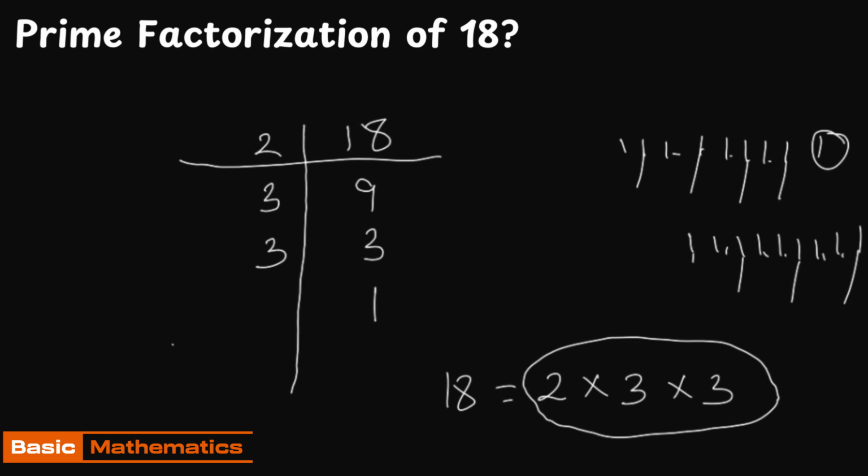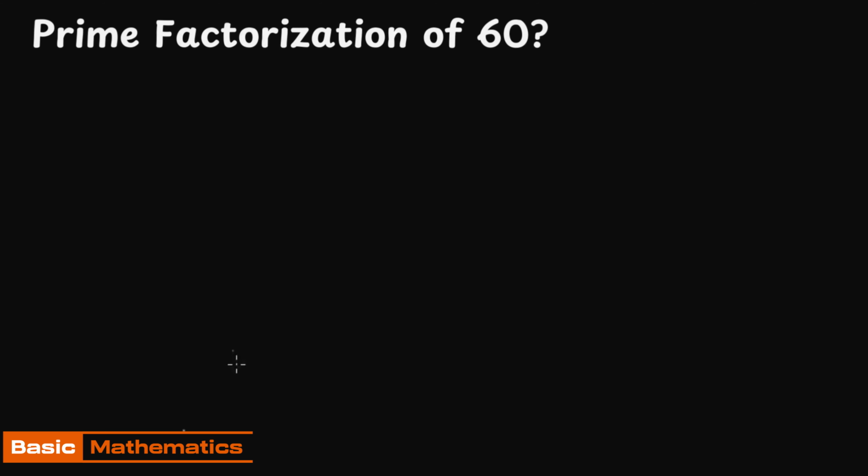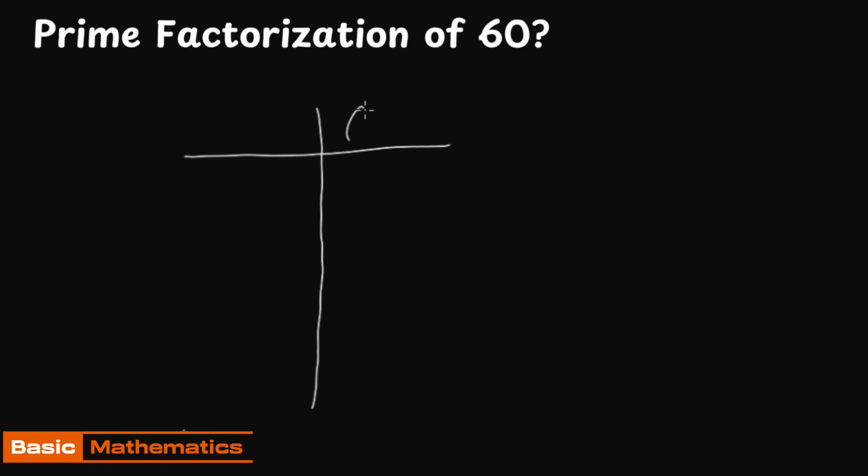All right, let's find the prime factorization for 60. Again, we draw our T and cross it. Here's 60. Again, we start with the smallest prime number, 2. 2 into 6 is 3. 2 into 0 is 0.